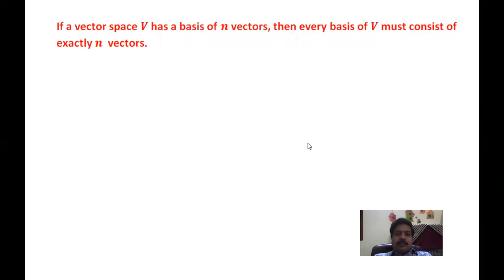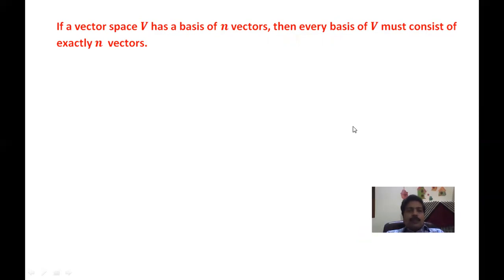So using this consequence, let us prove one more statement. This shows that if a vector space V has a basis of n vectors, then every basis of V must consist of exactly n vectors. So using the previous concept, let us prove that every basis of a vector space has exactly the same number of vectors.